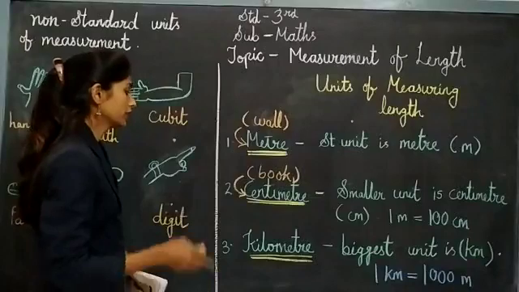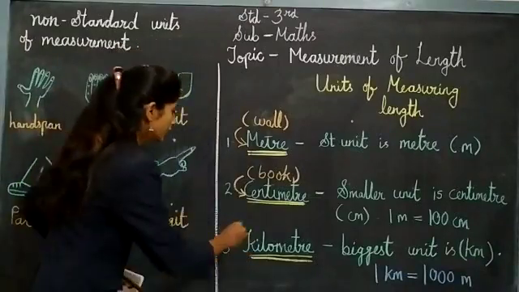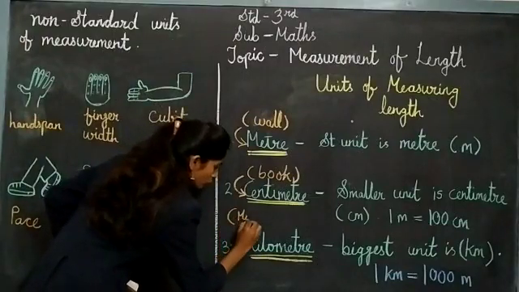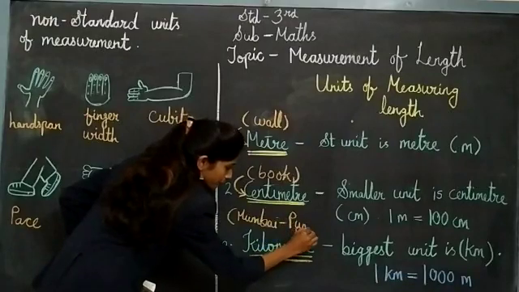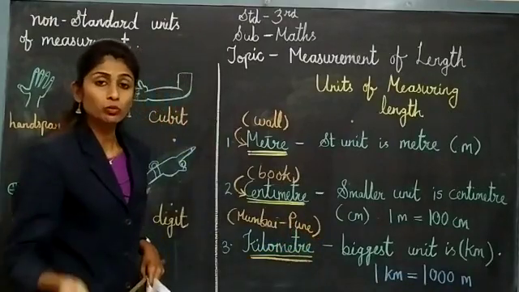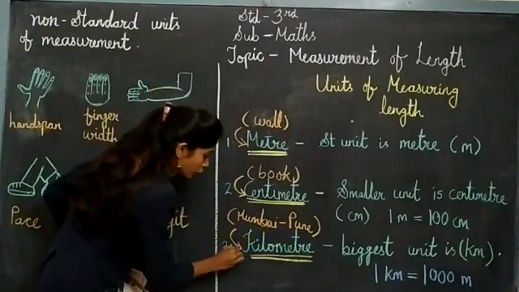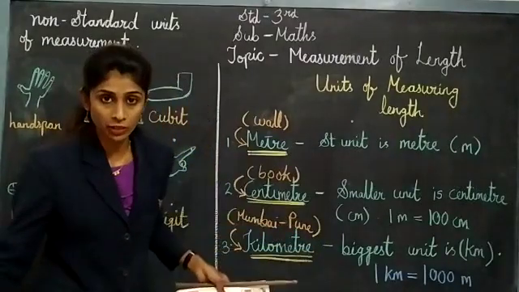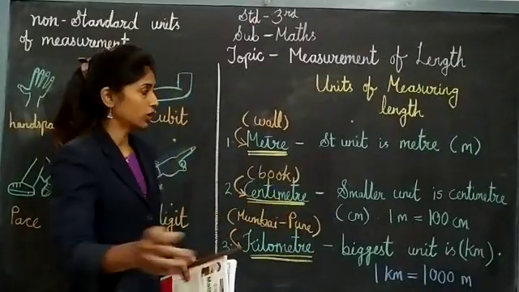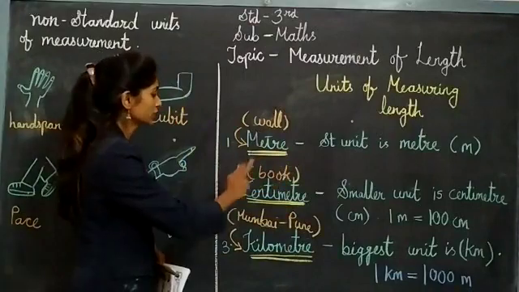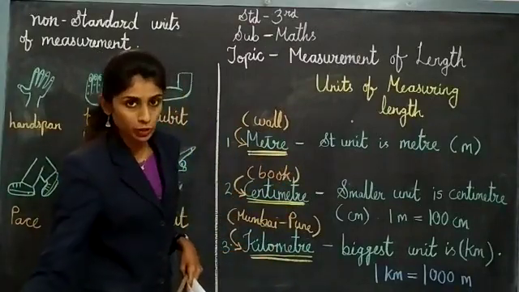But if I want to measure some long distance, let us say Mumbai to Pune, I want to measure the distance between Mumbai and Pune. That time I am going to measure it in kilometer, because kilometer is the biggest unit among all. Meter is the bigger one, centimeter is the smaller one, and kilometer is the biggest unit of measurement.